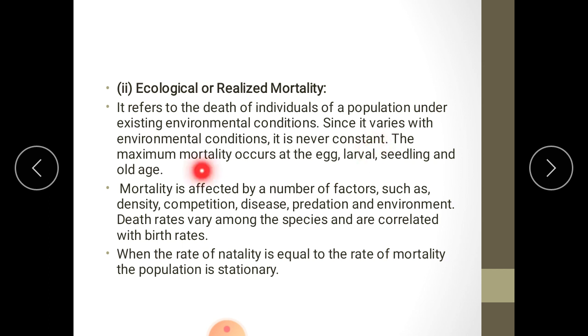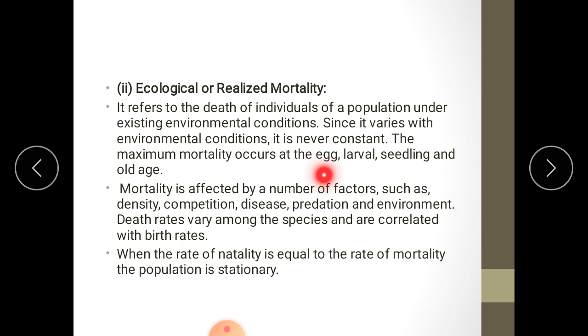The maximum mortality occurs at the egg, larval, seedling and old age stages. At what stage of an individual is the mortality rate more? At the egg condition. When parents lay eggs, the eggs are unable to protect themselves from their enemies, so eggs are eaten up by their predators.